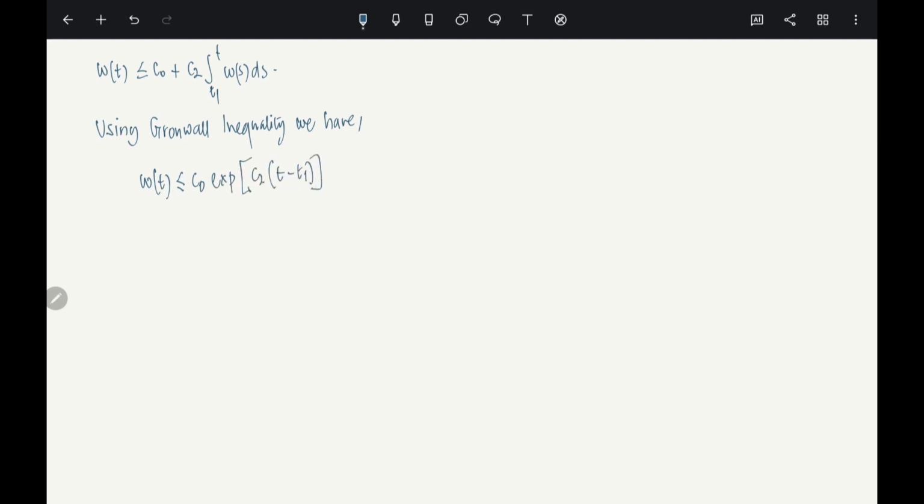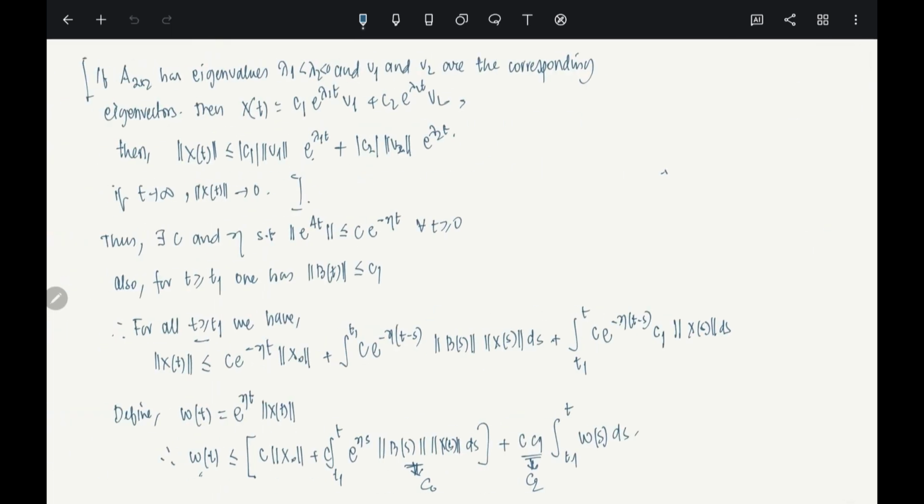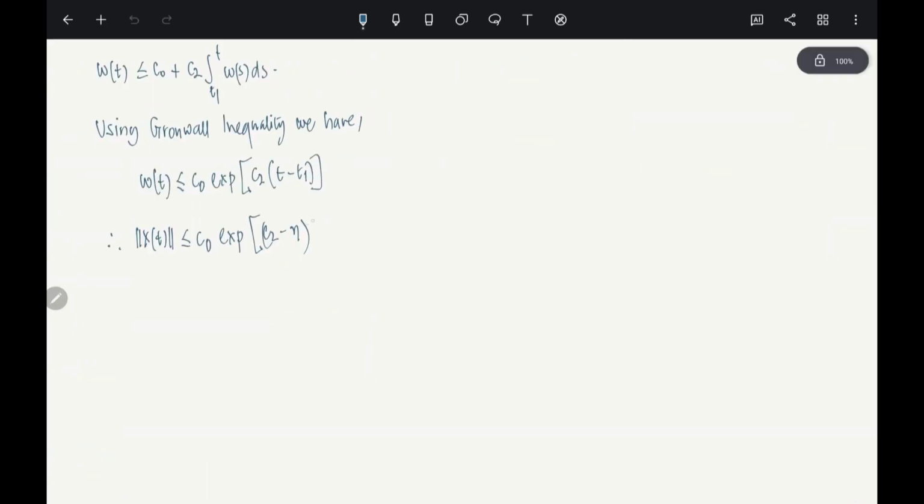Clear? Yes, this is by Gronwall, and therefore x of t is dominated by C naught times exponential of C2 minus eta, see, if you have e to the eta t there, so minus eta, times t, minus C2 times t1.